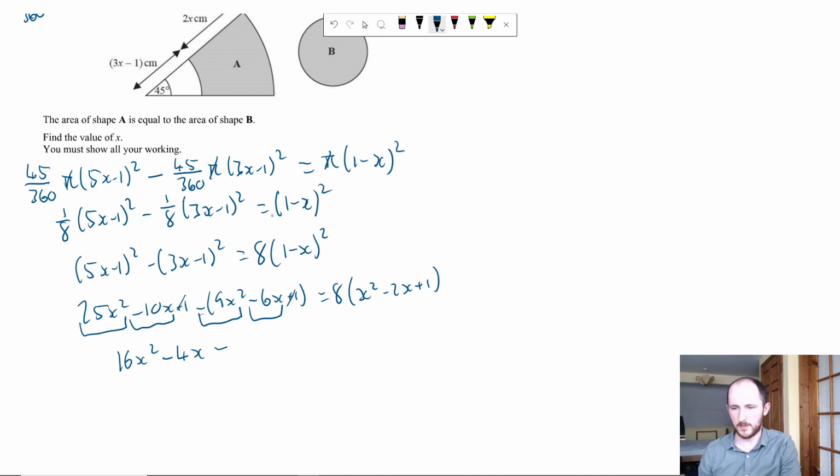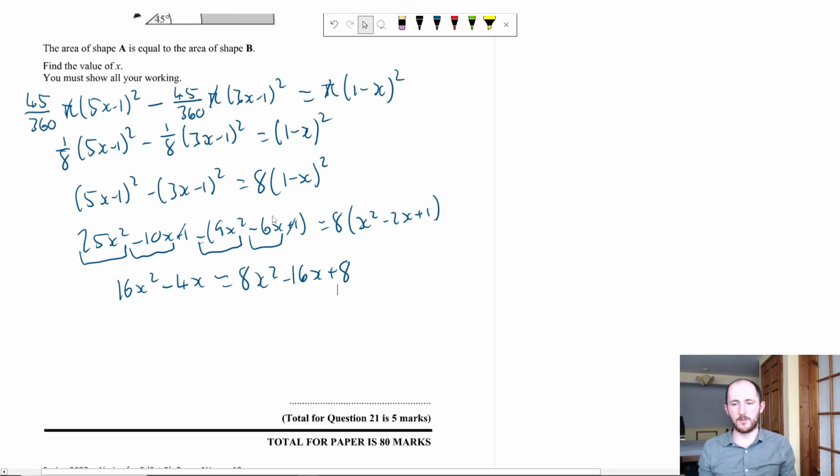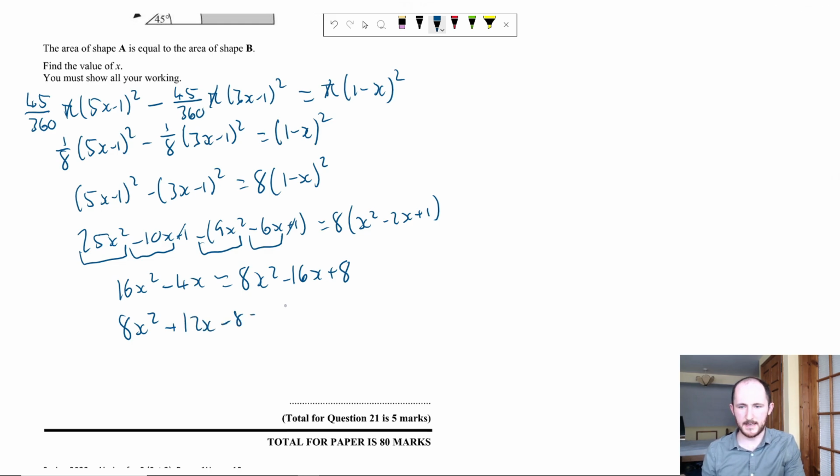And that should equal 8x squared minus 16x plus 8. Now what I want to do is actually move everything over to the left hand side because to solve quadratics you need to make it equal to 0. So that would give me 16x squared minus 8x squared, which is 8x squared, minus 4x plus 16x would give me plus 12x. And then that would be minus 8 equals 0.